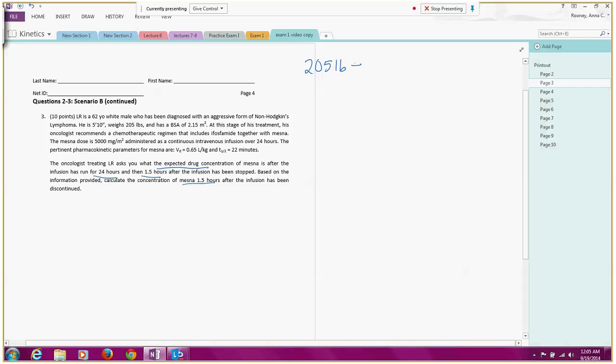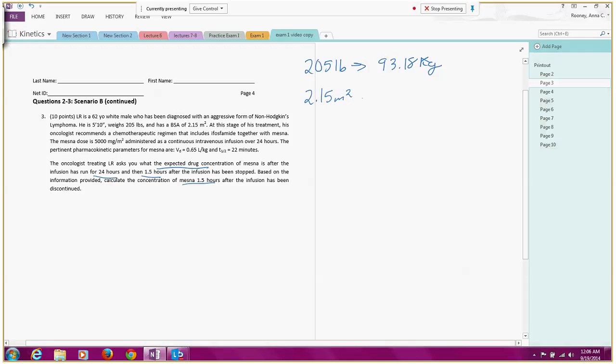So we convert that and find that it is 93.18 kilograms. If you don't know how to convert, you just take 205 and divide it by 2.2. Then they give us the body surface area so we can find out our drug dosage.